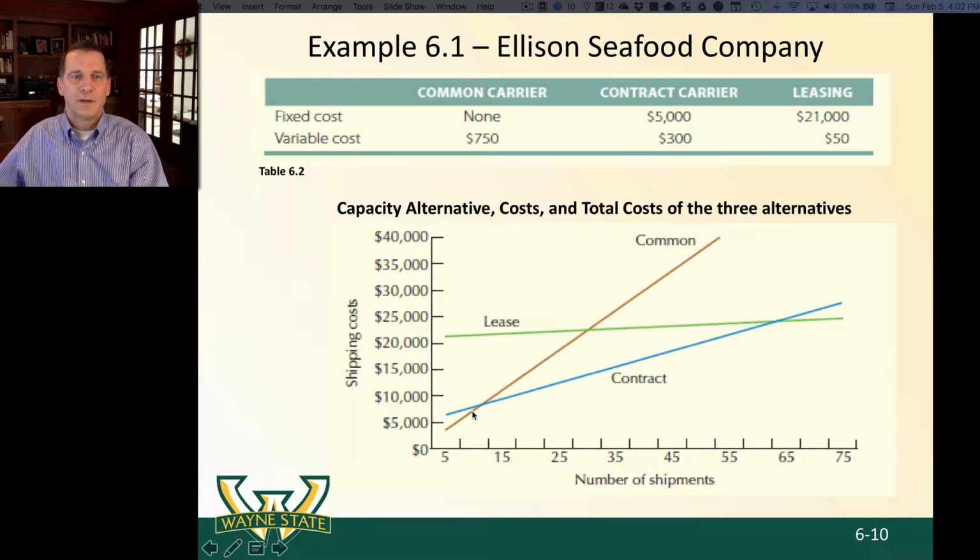It becomes uncompetitive here at 11 shipments, where we calculated the indifference point, because contract starts to become more attractive. Contract can ride the wave until we get to that 64 shipments per month, where leasing becomes more attractive and stays on a nice trajectory till infinity, right? Because these lines don't turn around unless we change the model. The lines are what they are. So there's a nice, easy way to see those three alternatives.